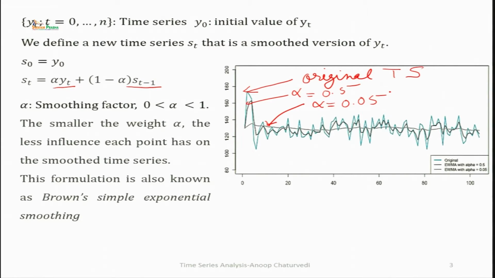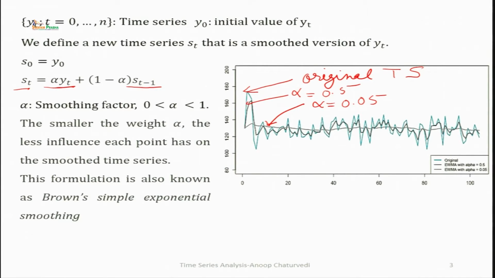But if you decrease the value of alpha, then the smaller the weight alpha, the less influence each point has on the smoothed time series. So, the weight of y t decreases, and its role in defining S t decreases.